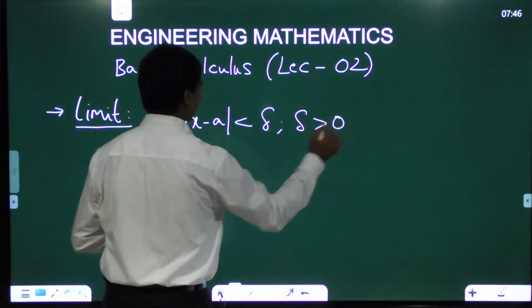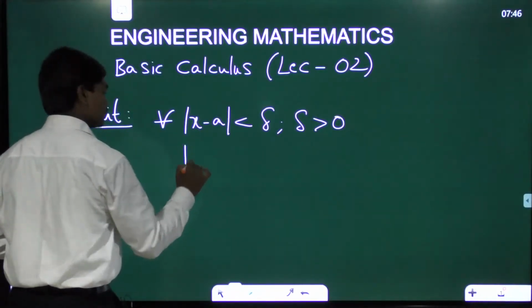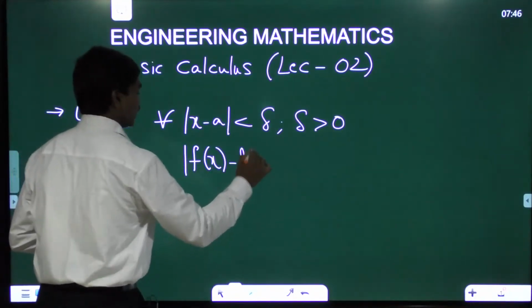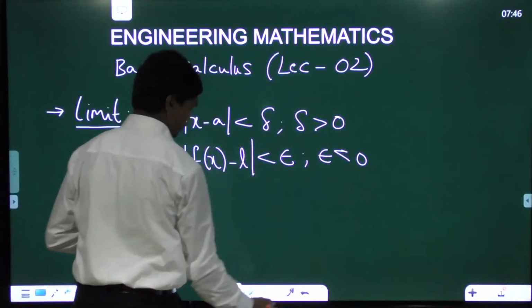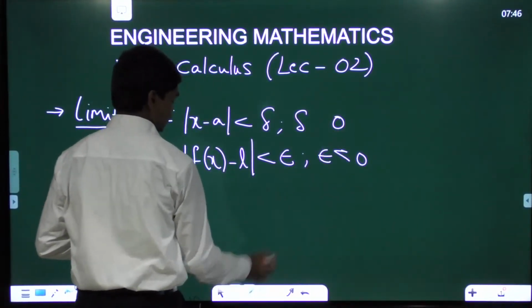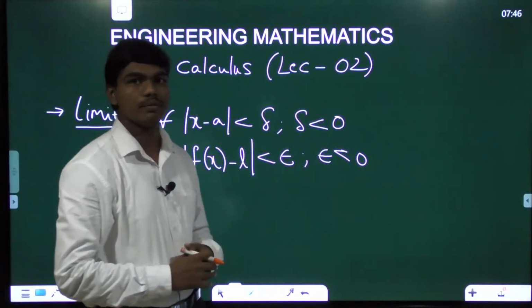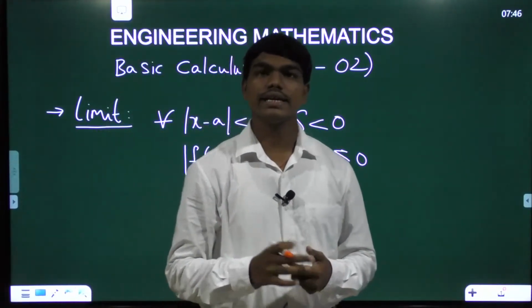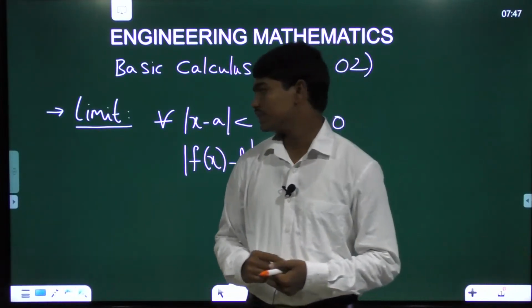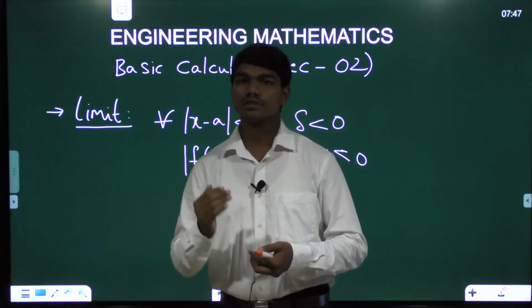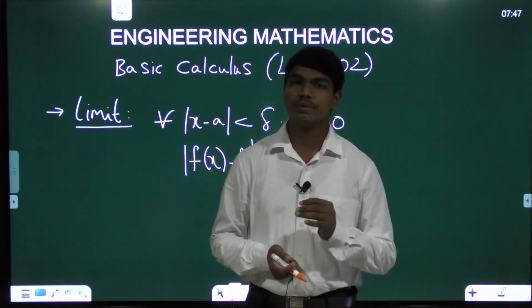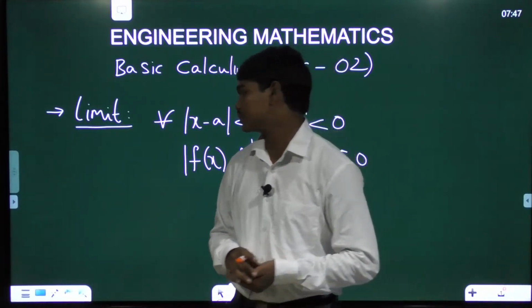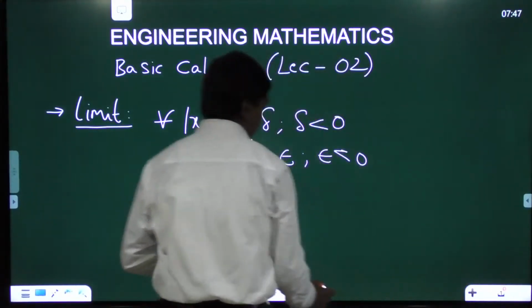For all delta greater than 0, there exists epsilon such that modulus of f of x minus L is less than epsilon, and of course this is also a less than symbol. Correct? So this is the definition of limit that we have seen, and we started seeing some standard graphs. So in today's class, we'll see some standard limits at the beginning, and before that, we'll look at 3 more standard graphs that were asked in some interviews and that appeared in GATE a few times. Okay, so continuing with our discussion from yesterday, let us continue with the graphs.